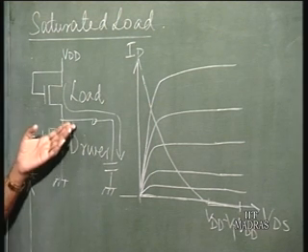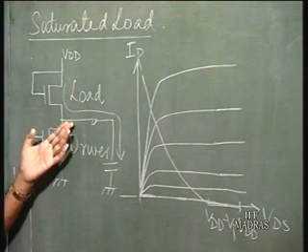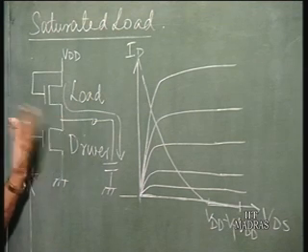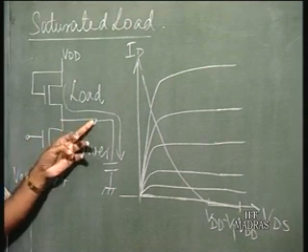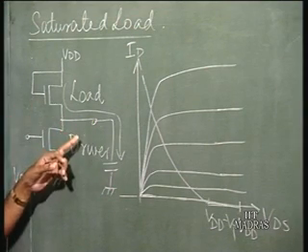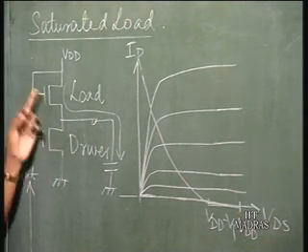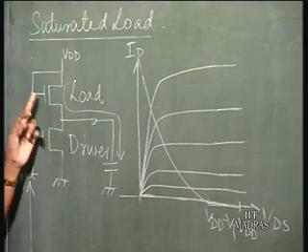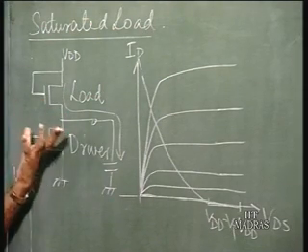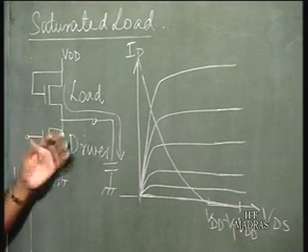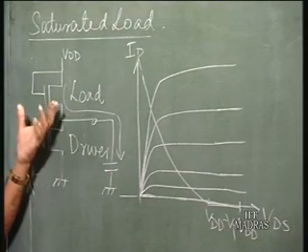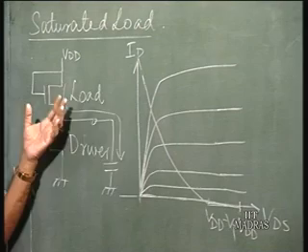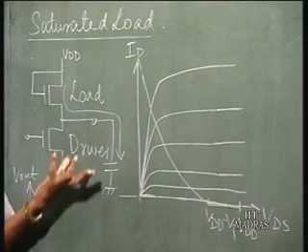Up to what value can the output voltage rise? It can only rise till VDD minus VT, because when the output voltage goes to VDD minus VT, the gate to source voltage of the load transistor becomes equal to VT, and then the current being provided by the load device to charge the capacitance goes to 0.